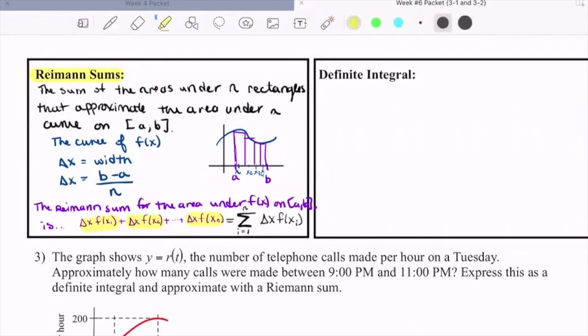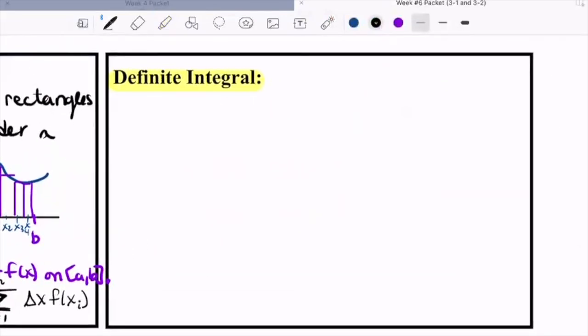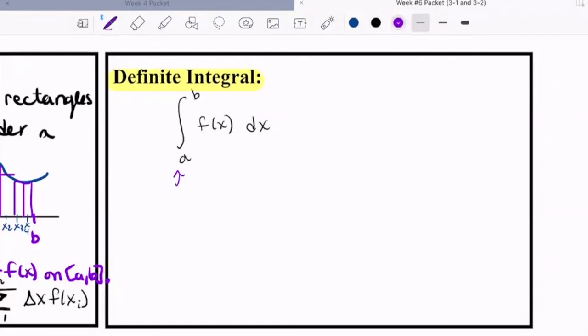And that exact area is often called the definite integral. So the definite integral looks like the following notation. We have this soft, long, lazy s, f of x, dx, from a to b. So just a bit of wording here on the notation. These a's and b's are called the limits of integration.